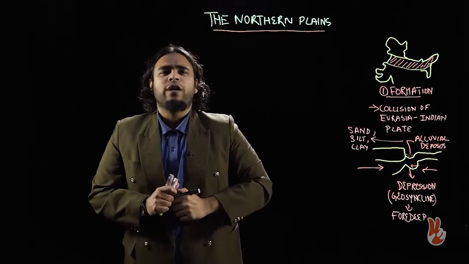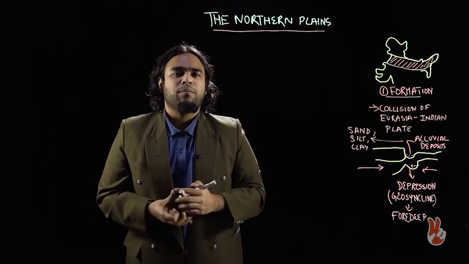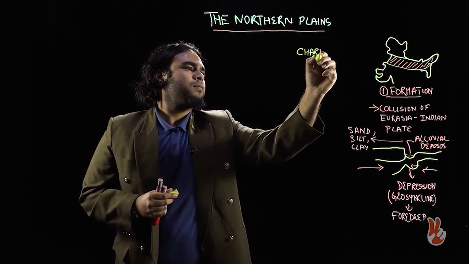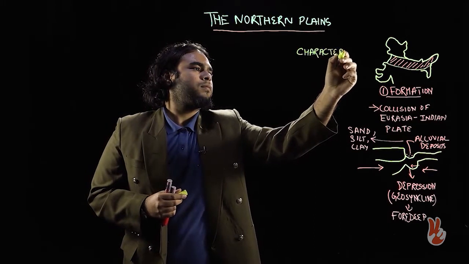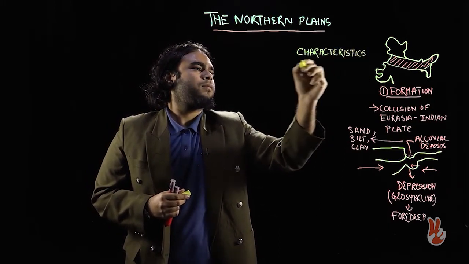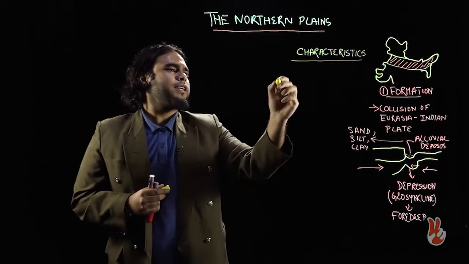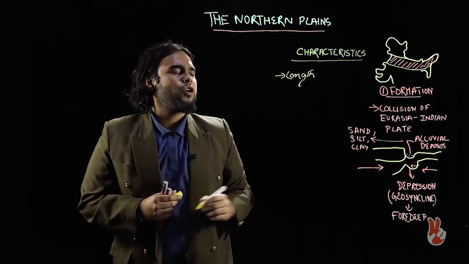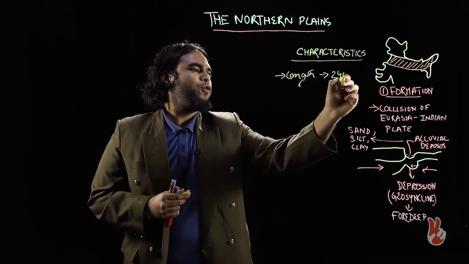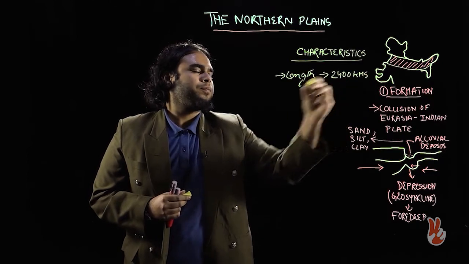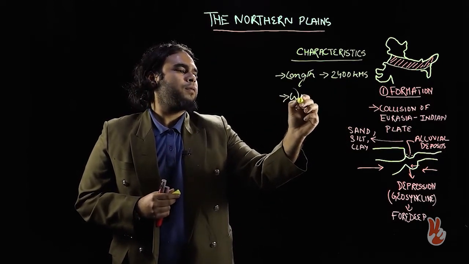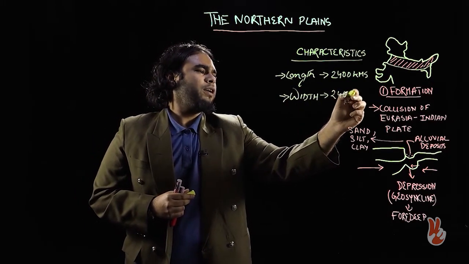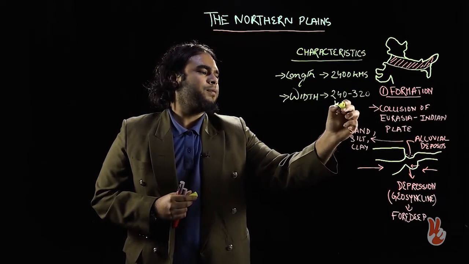So now we have to look into the various characteristics of the northern plains. So first characteristic will be your length. Okay, your length is 2400 kilometers. Your width varies from 240 to 320 kilometers.